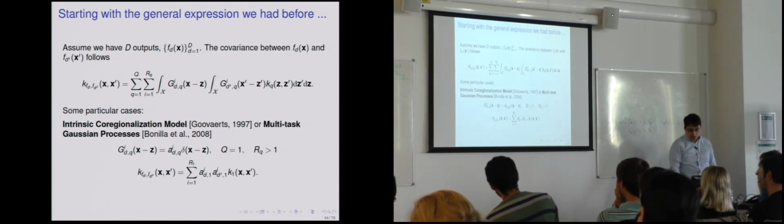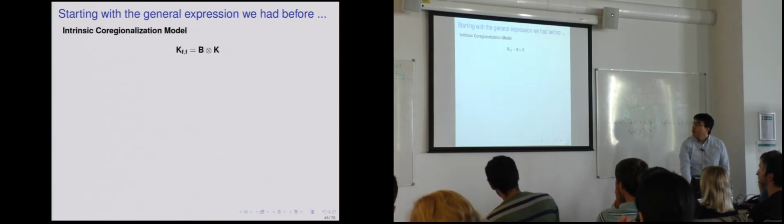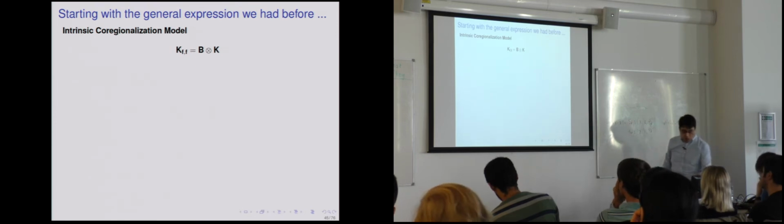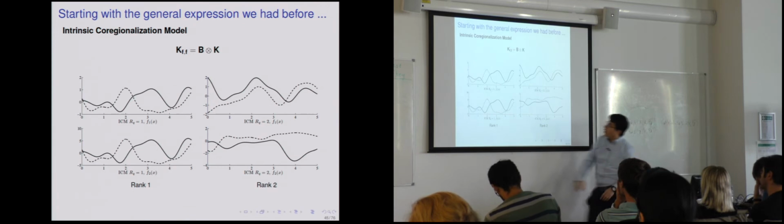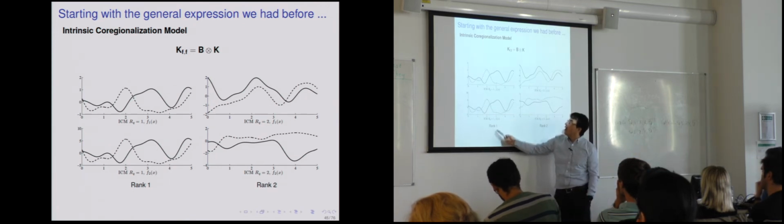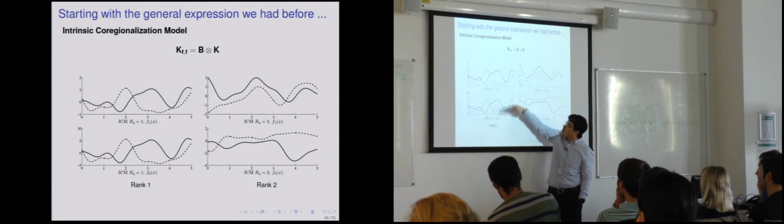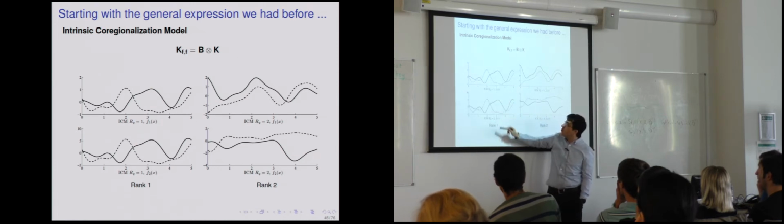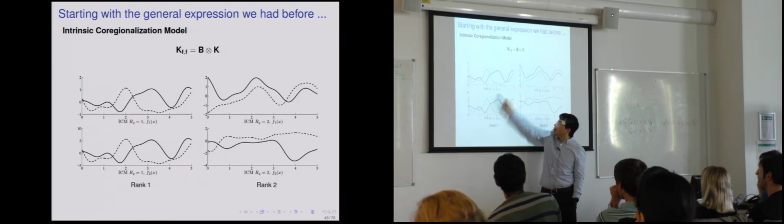So it's a particular case of this double sum and integral on the top. This is the expression that we saw before, the Kronecker product for the covariance matrix, and these are some samples. This is the case where we have rank 1, and this is the case where we have rank 2. The solid lines are one sample for the two outputs, F1 and F2, and the dashed lines are another sample for F1 and F2.